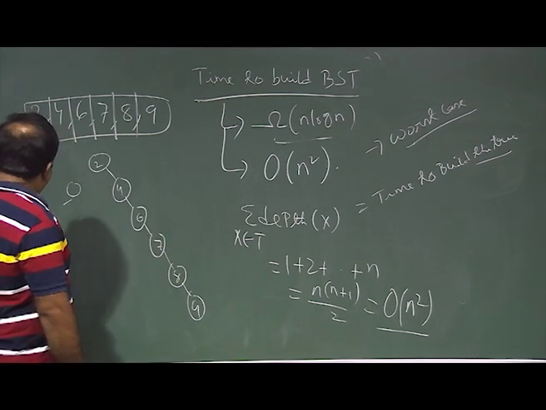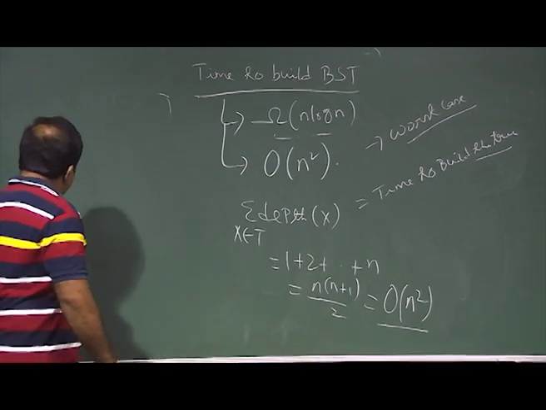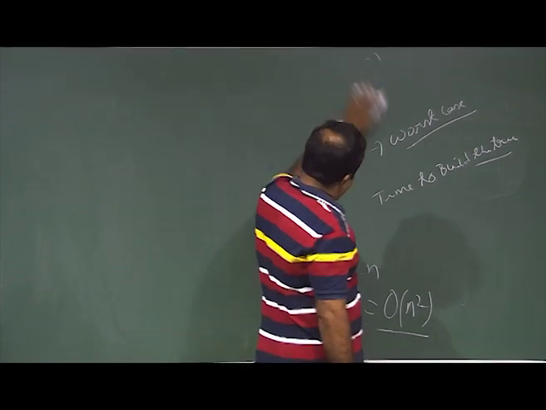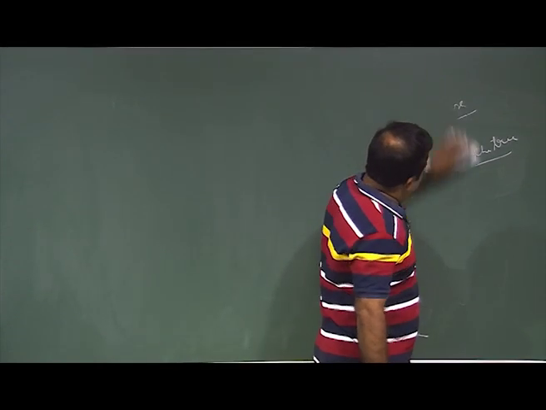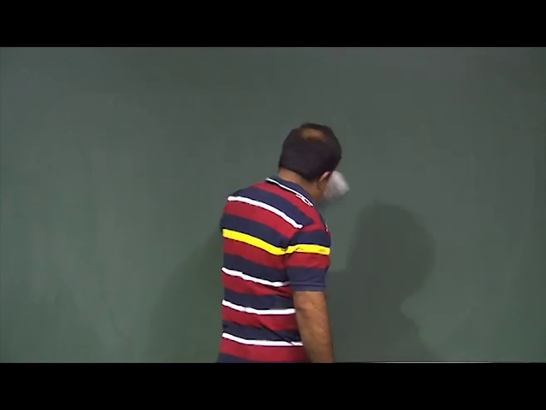So, the time complexity for BST sort in the worst case is order of n square, and in the best case it is order of n log n.